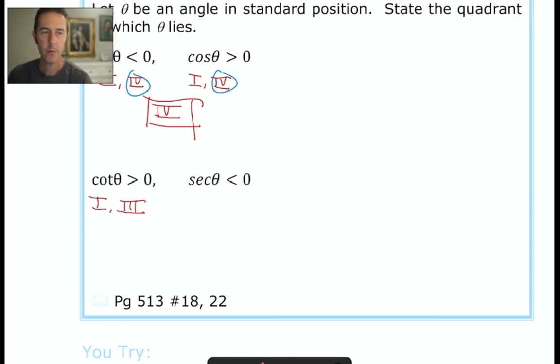Ambitious students take calculus. C for cosine and its reciprocal function secant, that occurs in the fourth quadrant. That's where they're positive also. So cosine and secant are positive in the first and fourth quadrants. We want to know where they're going to be less than 0, in other words, negative, so that must be in the second and in the third quadrants.